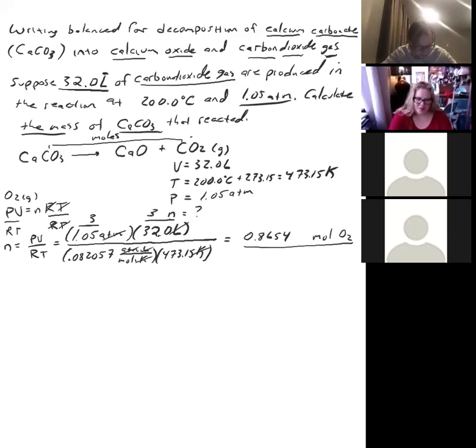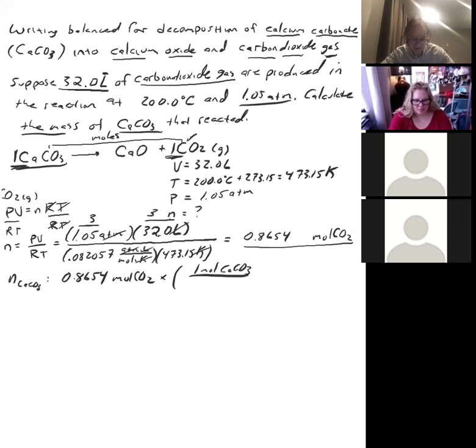So step 2, moles of CaCO3. And the relationship is, it's 1 to 1, right? Every time 1 CO2 is produced, 1 CaCO3. So what you do is you say 0.8654 moles of CO2, times 1 mole of CaCO3 divided by 1 mole CO2.